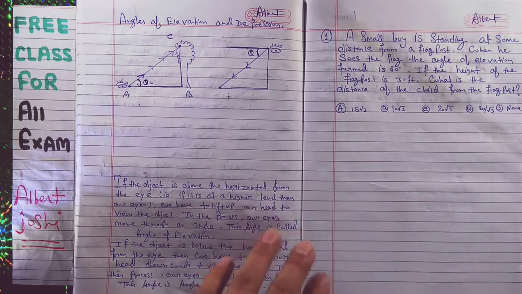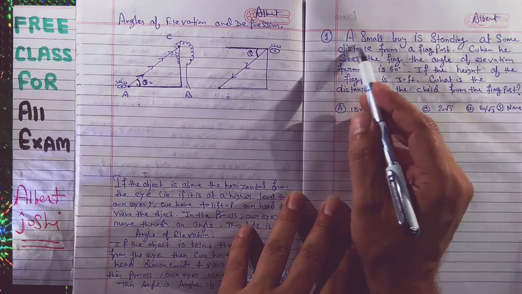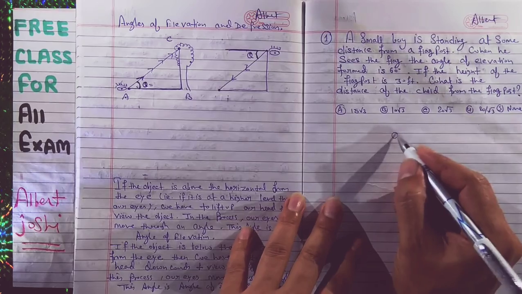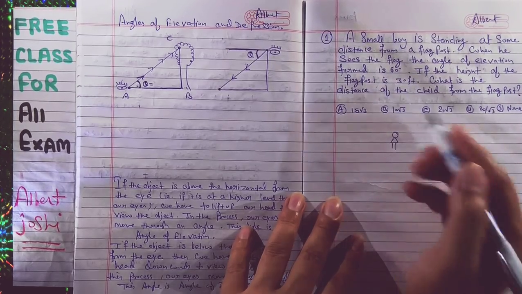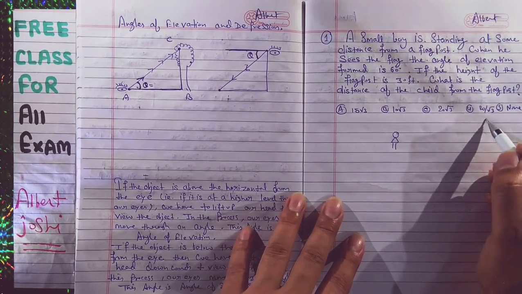We will explain. The first question is: a small boy, this is the small boy, is standing at some distance from a flag post. This is the flag post.